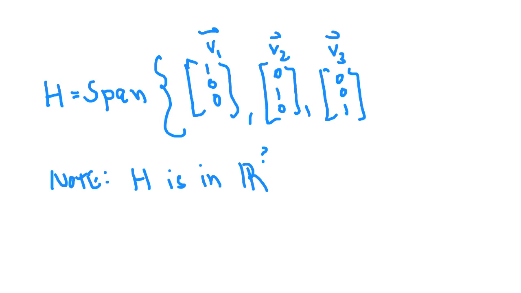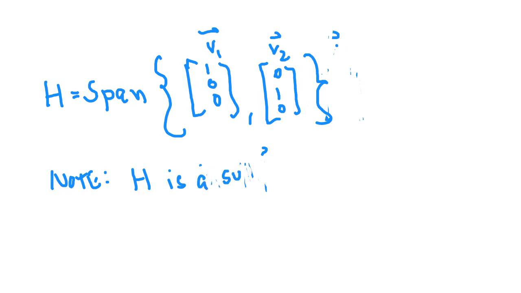Let me make this a little easier. Let me take out the third vector. Okay. Let's say this is your space here. H is a subspace.